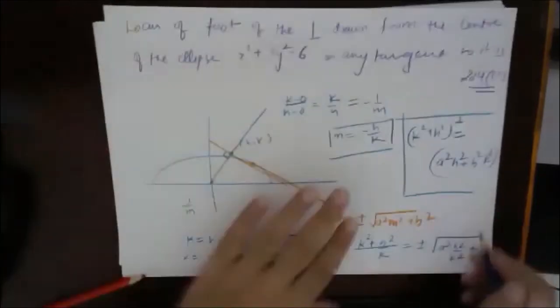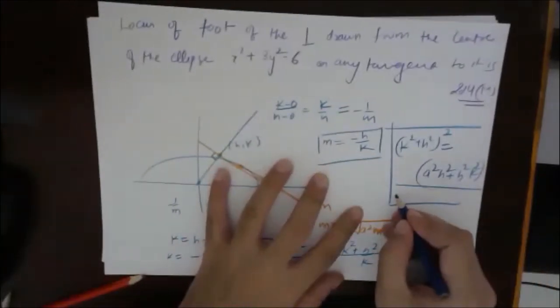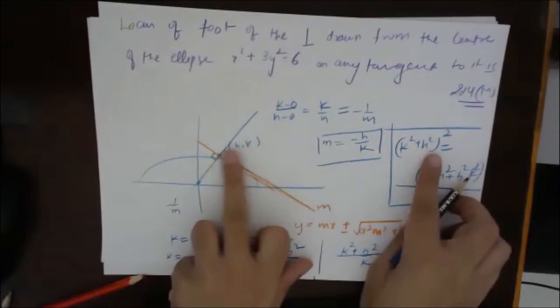So the final equation will become, instead of k I substitute y, and instead of h I substitute x.